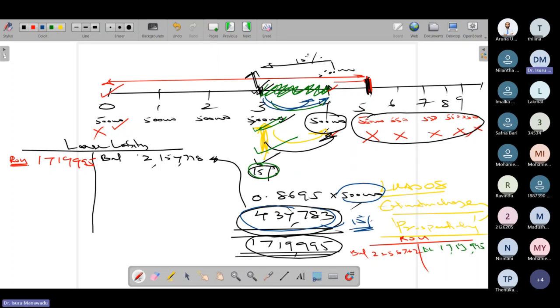So what is the interest then? 434,783 multiplied by 15%. 65,217. Right? Okay. Interest.